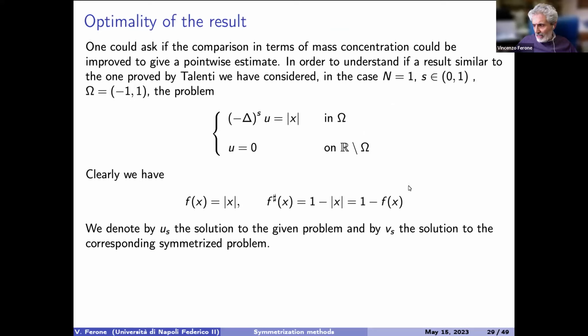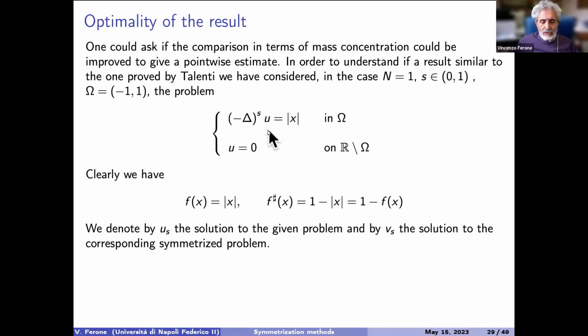Before going on, I would like to say that, as in the case of the presence of a lower order term, the estimate which we get in terms of concentration cannot be improved, as this example shows. So it is not possible in this context to obtain an inequality like the Talenti result, that u star is less than or equal to v.